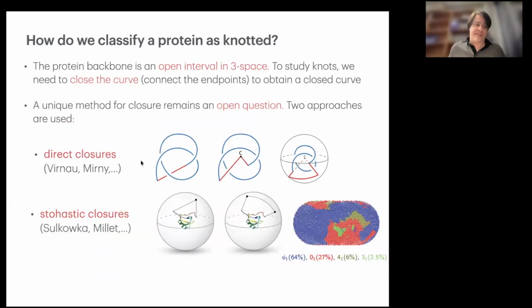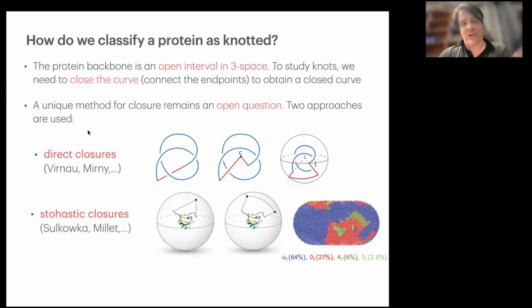Okay, so the next step is to go back a bit to mathematics. So how do we actually classify what a knotted protein is? Because we know that in mathematics, a knot is a closed circle embedded in 3-space, and proteins have open ends, the vast majority of them.